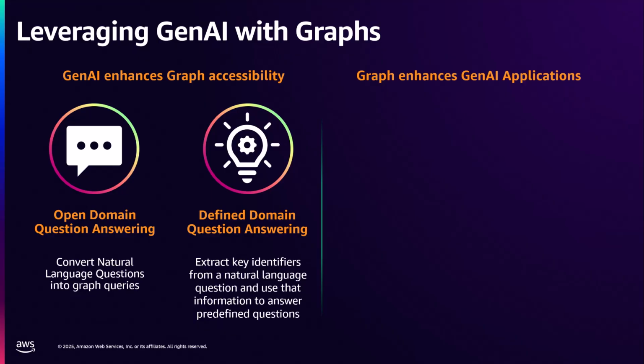Now, this approach again provides accessibility to the graph data, but in a much more tightly controlled manner. And this is especially useful when the domain is much more complex and it's non-trivial to query without expertise.